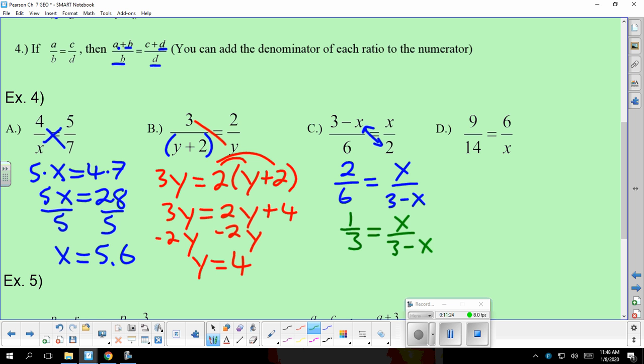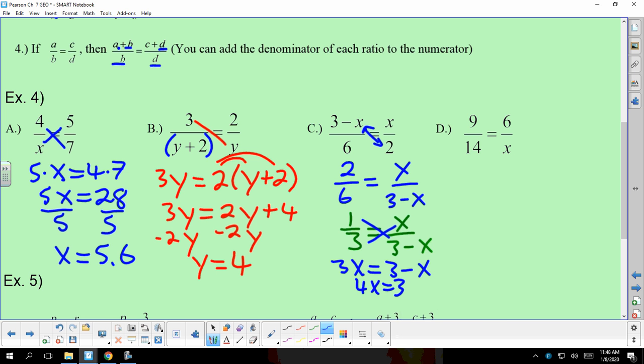And now, when I cross multiply, I get 3x equals 3 minus x. Add x to both sides, I get 4x equals 3. X equals 3/4. You guys take a second, see if we can solve this last one.